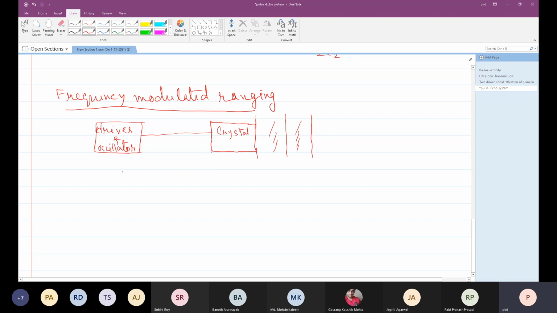Here this oscillator is a voltage controlled oscillator, that is a VCO, which is driven by a ramp circuit.